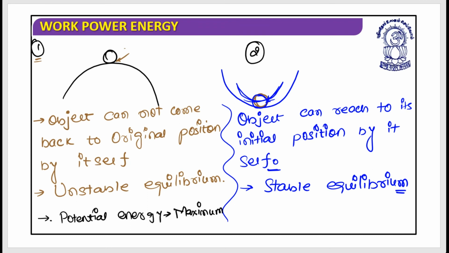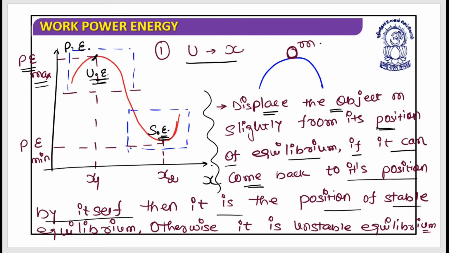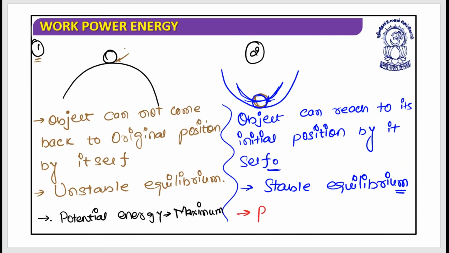And when you are talking about the stable equilibrium, let's have a look. This is the situation of stable equilibrium. When you look at the stable equilibrium, your potential energy will be minimum. I hope this is clear.